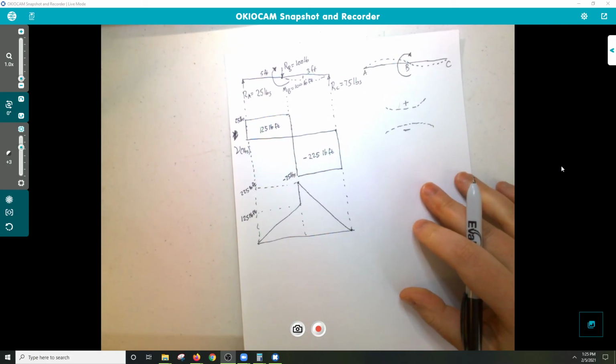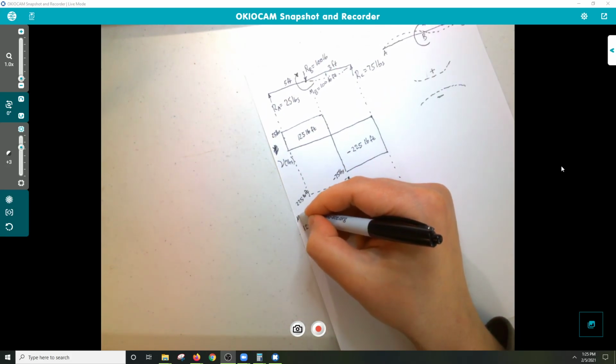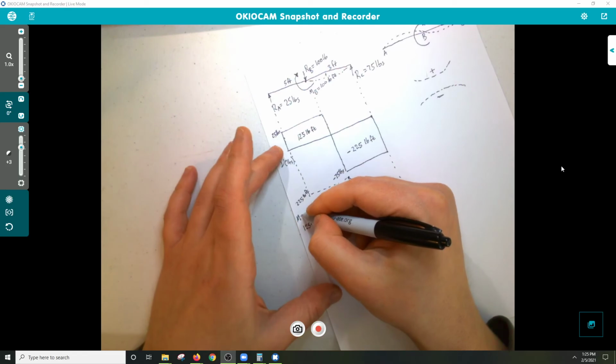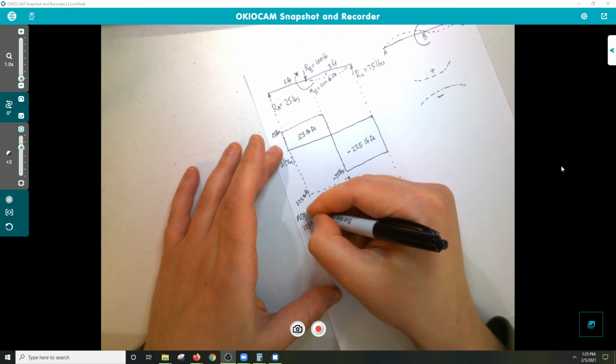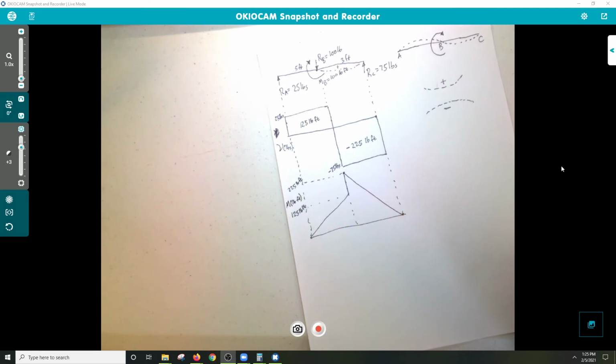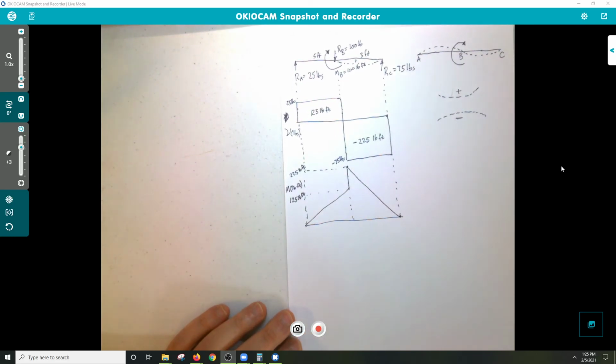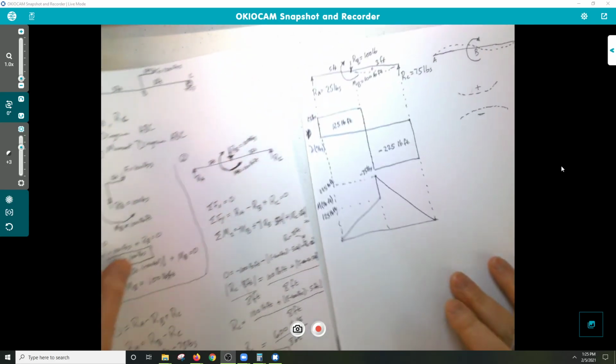And we've got our bending moment and shear diagrams. For the bending moment diagram, I like to put M and state the units we're using, pound-feet. But that's really the summary for the full problem.